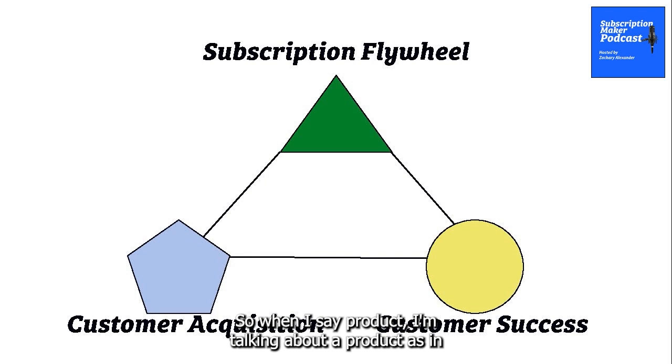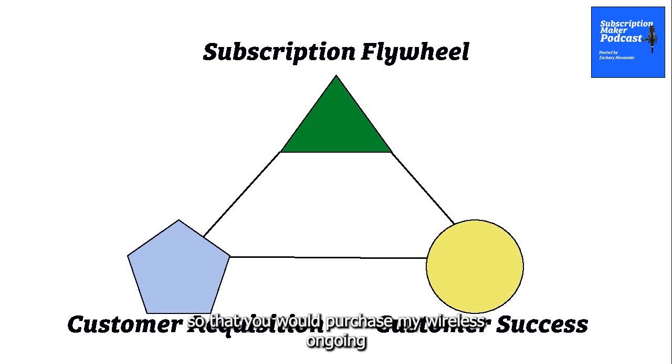So when I say product, I'm talking about a product as in something that allows you to deliver the service. So the smartphone is a product, but it's there to deliver the service of wireless communications. There was a time when I would give you a smartphone so that you would purchase my wireless ongoing recurring revenue stream.